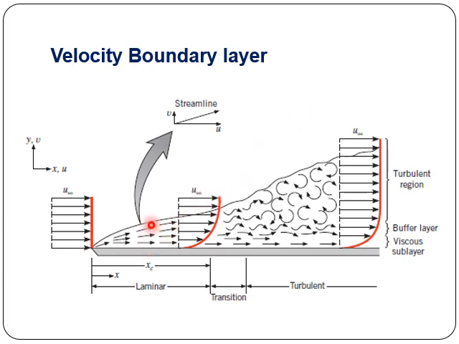If you measure the velocity in the y direction away from the plate, you will see the velocity increasing, and at one point it will be equal to the free stream velocity.